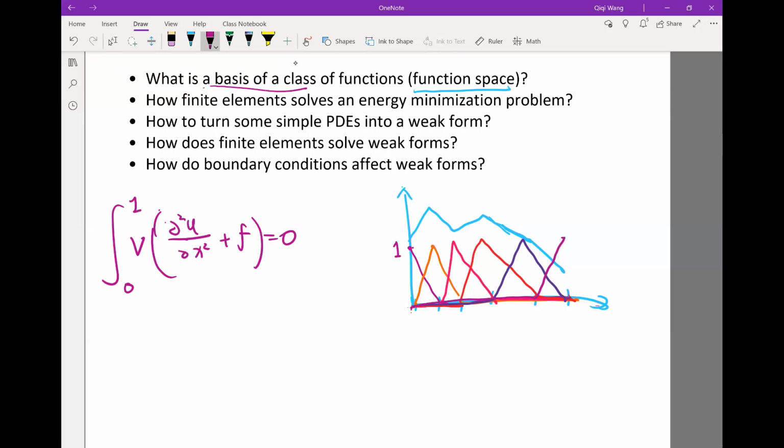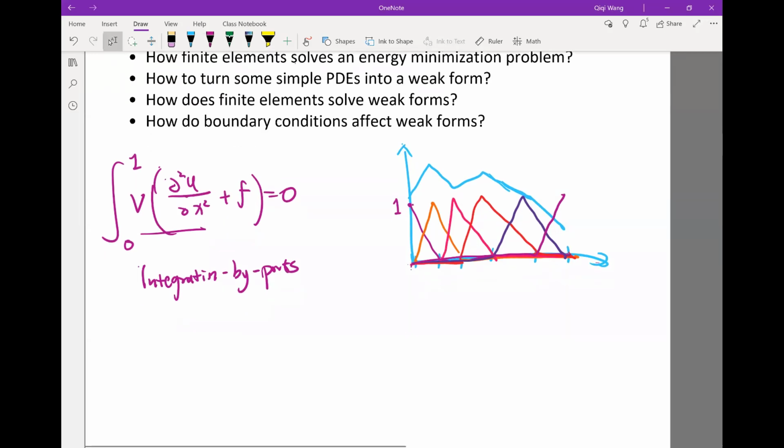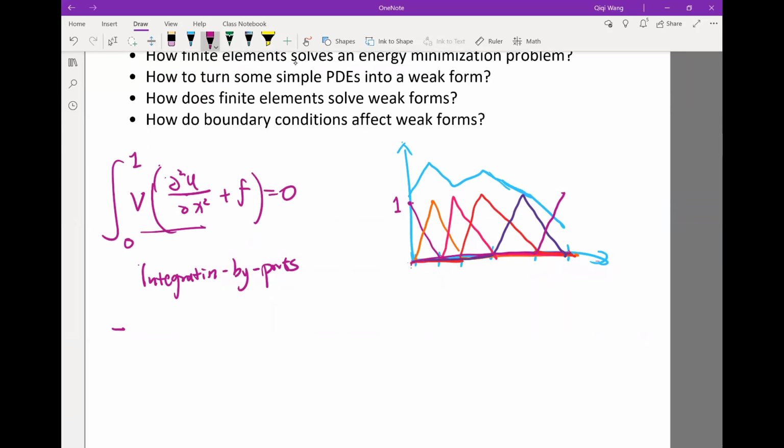Then I perform integration by parts on this term. If I have 0 boundary conditions, the result is going to be minus the integral of dv/dx times du/dx dx, plus the integral of v f dx, equal to 0.